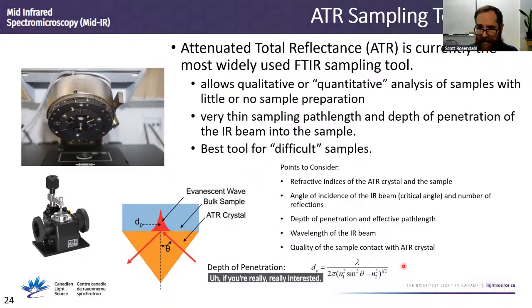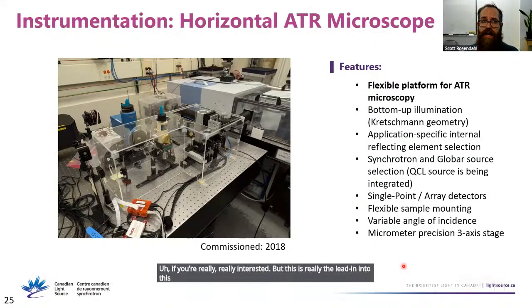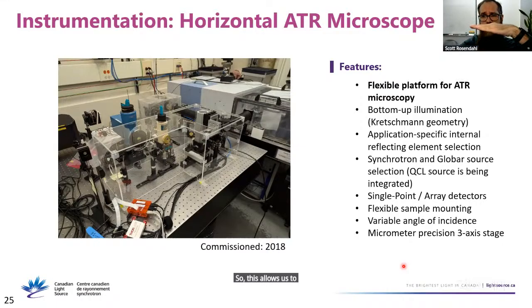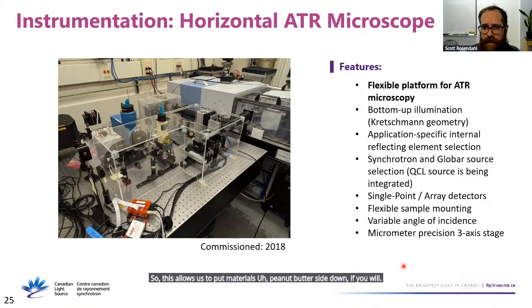But this is really the lead-in into this horizontal ATR microscope that we built at the beamline. It's a bottom-up illumination Fresnel geometry. So this allows us to put materials peanut butter side down, if you will. This is very useful for things where gravity becomes your friend.